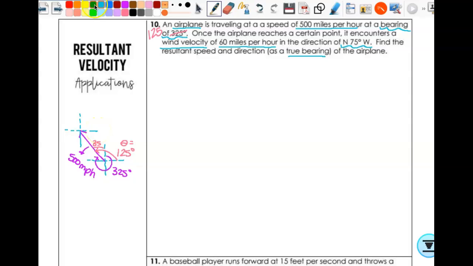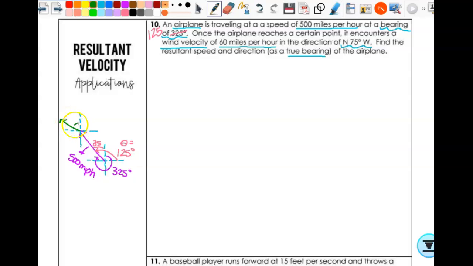So we'll have, let's see, wind velocity of 60 miles per hour, north 75 degrees west. So north 75 degrees west. It's like this. No, that's not good. North 75 degrees west is like this. Okay.